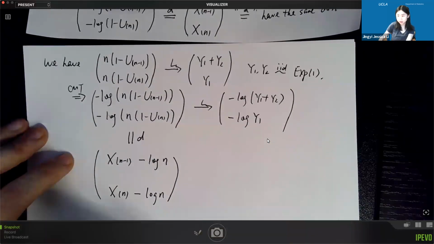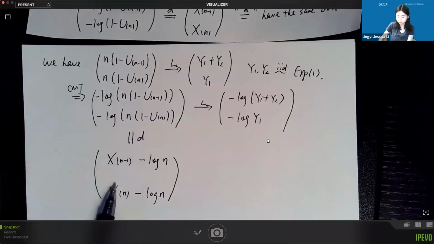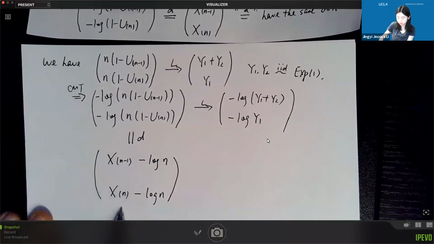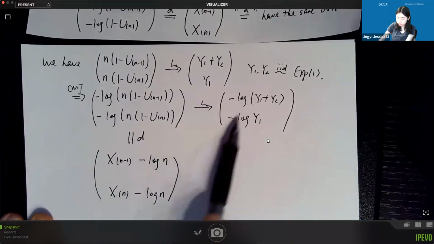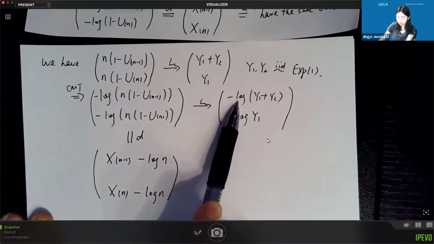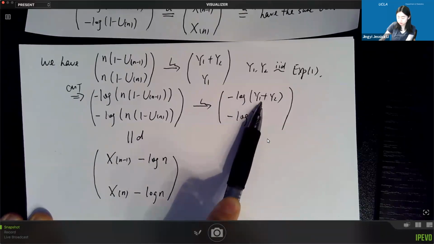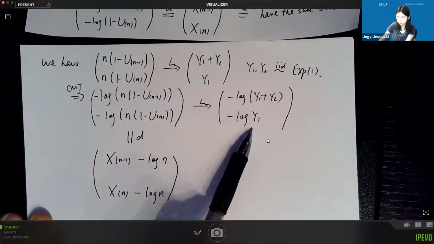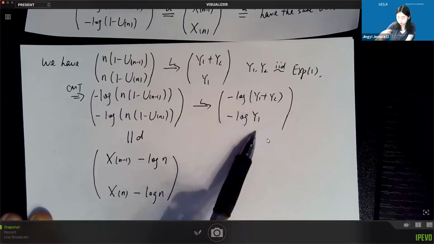So you see, I derived the joint asymptotic distribution for X_{n-1} minus log n and X_n minus log n. They converge to the negative log of the sum of exponential 1s, and negative log of an exponential 1, and that's actually their joint distribution as well.